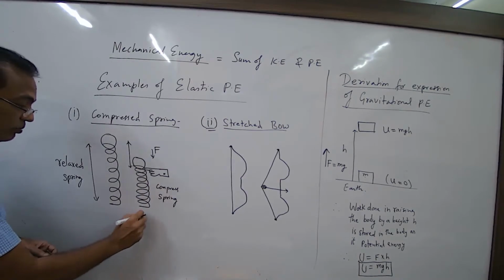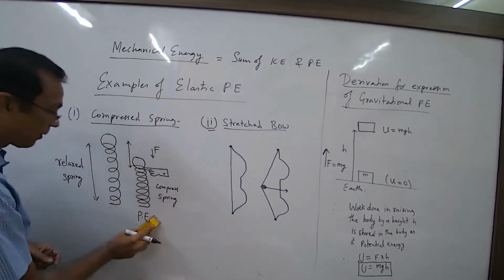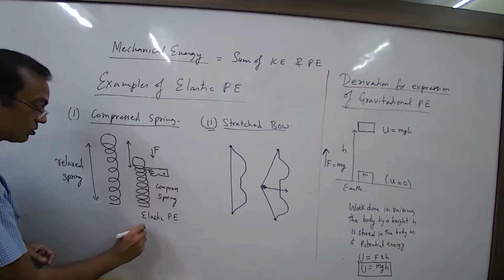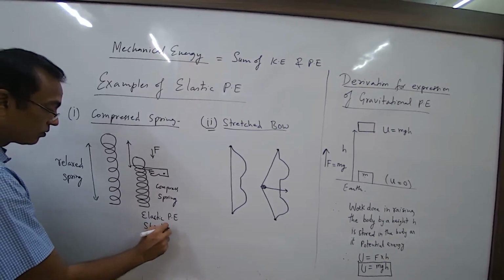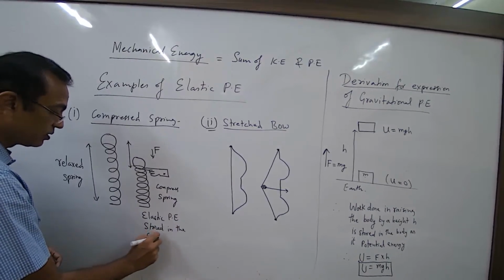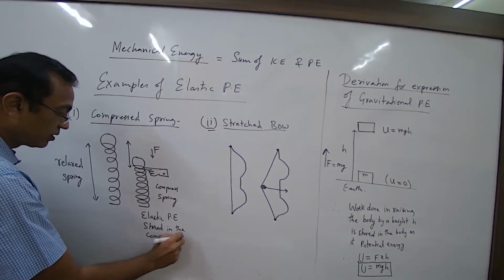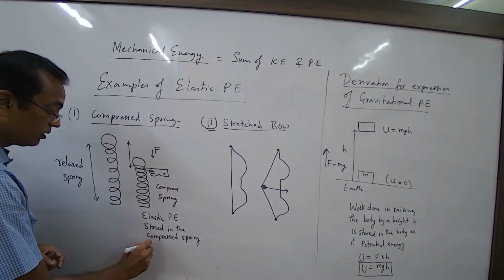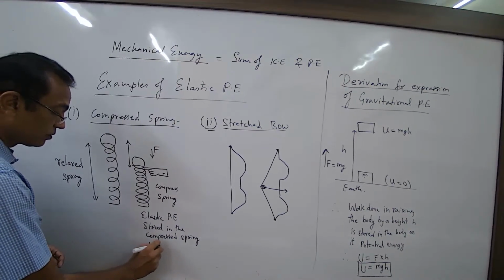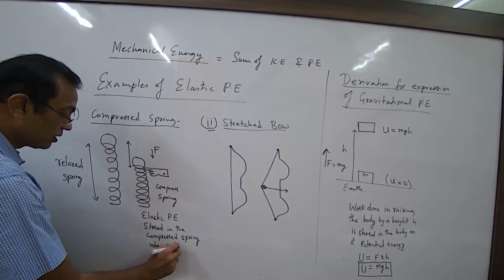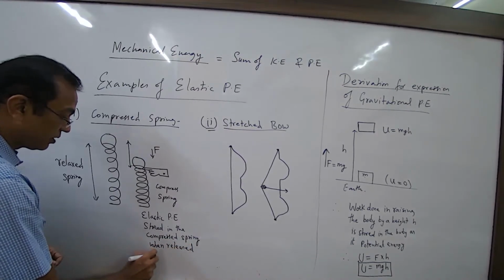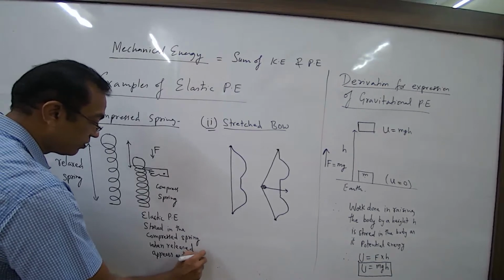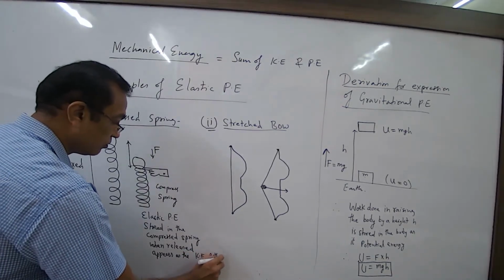So the elastic potential energy stored in the compressed spring, when released, appears as the kinetic energy of the ball.